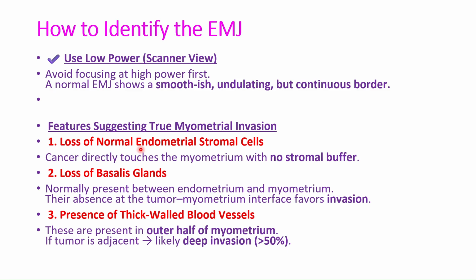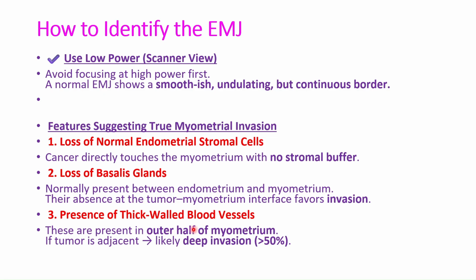And what are the features that suggest true myometrial invasion? First is loss of normal endometrial stromal cells. So, cancer directly touches the myometrium without any stromal buffer. Second, normally basalis glands are present at the junction of endometrium and myometrium. So, if there is absence of this interface, it favors invasion.